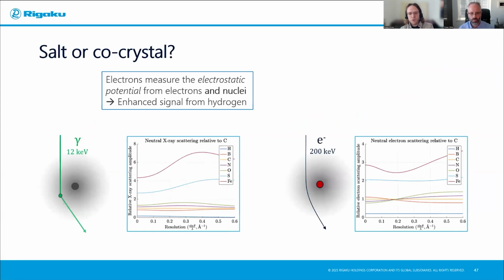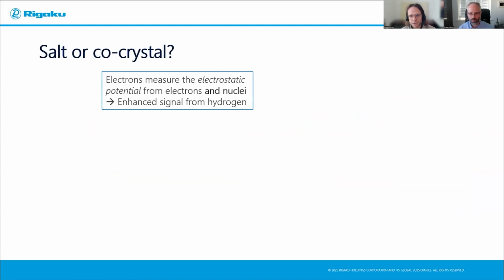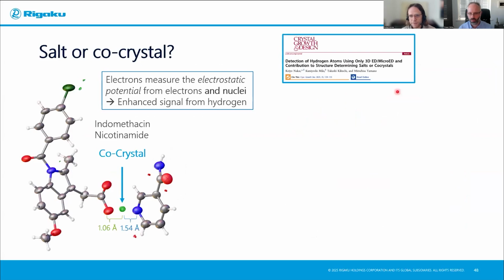Now, another pharmaceutical application where these properties of electrons came in handy, and here I'm now referring again to how those structure factors scale with the atomic number, is to determine whether a certain crystal structure is a salt or a co-crystal. And this was studied in this paper by Sapiera Pharma in Japan, also using Synergy ED.